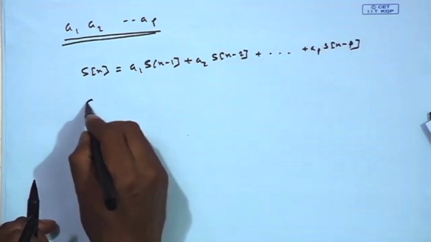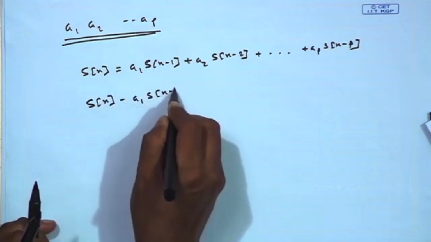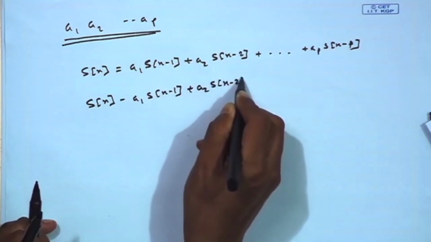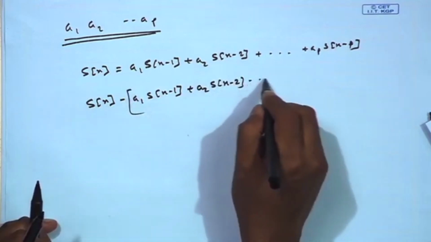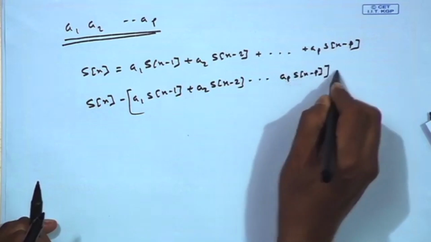So I can write s[n] minus a1 s[n-1] minus a2 s[n-2] dot dot dot minus ap s[n-p] is equal to 0.